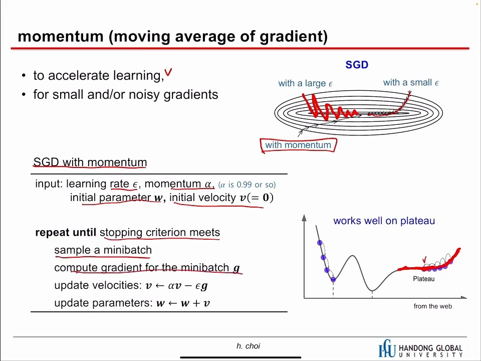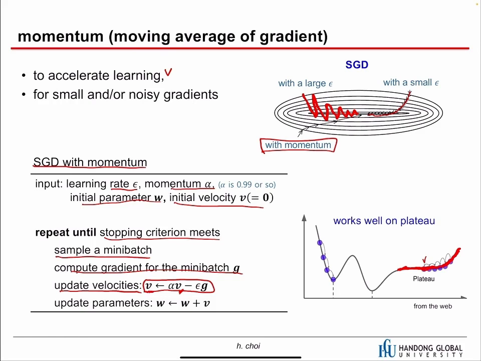Then we have a stopping criterion, and we take a sample as in SGD, and we calculate the gradient. So far it's the same as before, and then instead of updating the parameter directly, we update the velocity first, like this. At the beginning of training, v was 0, but as the training process goes on, we accumulate this velocity.